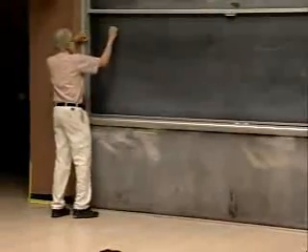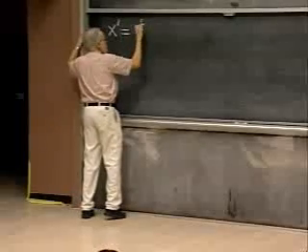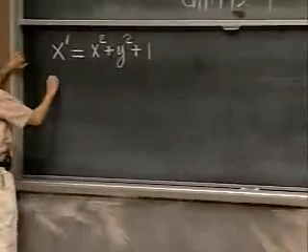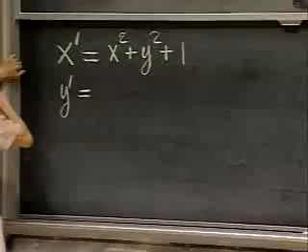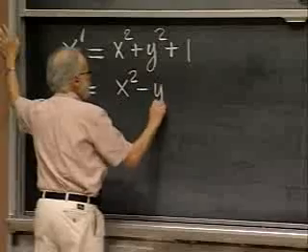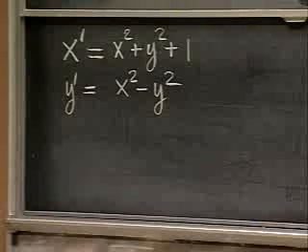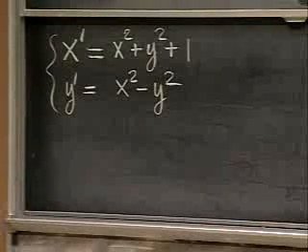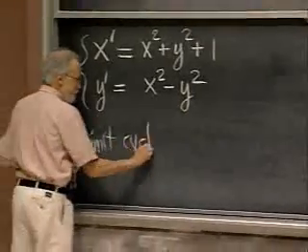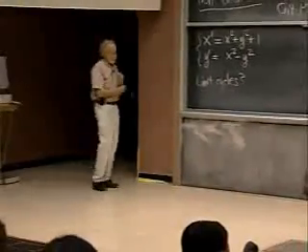Suppose, for example, we use this system, x prime equals... Does this have limit cycles? Does that have limit cycles?